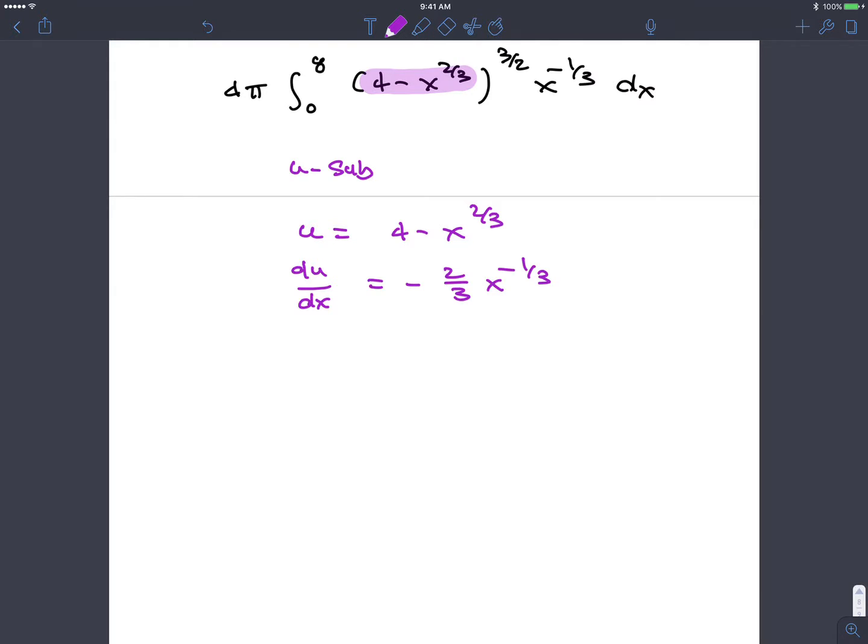We need to solve for dx, or you can notice something here. Can we say negative 3/2 du is x to the minus 1/3 dx? If I multiply both sides by this, negative 3/2 goes away, and then multiply both sides by dx. So this portion in my integral is really negative 3/2 du, and this portion is u.